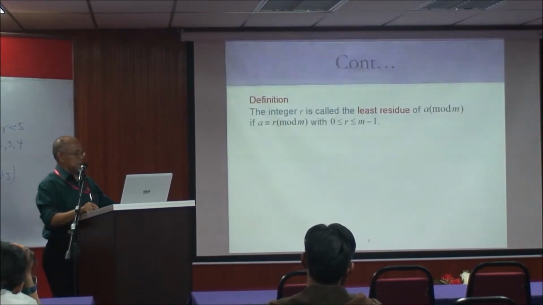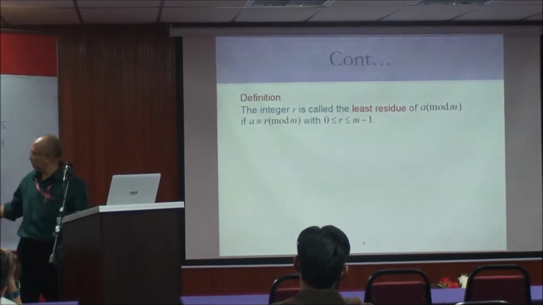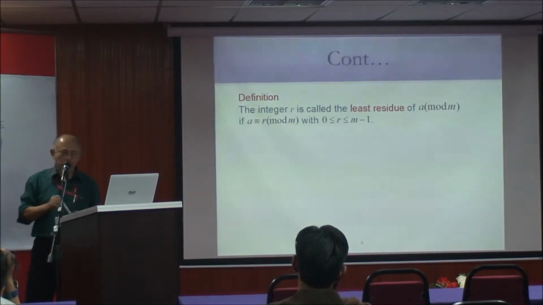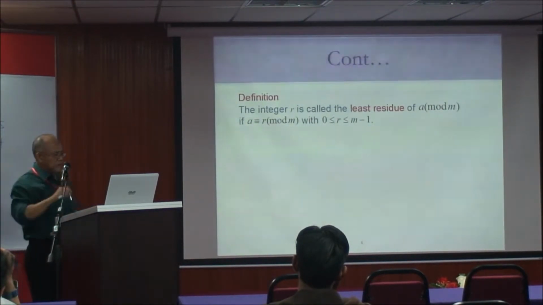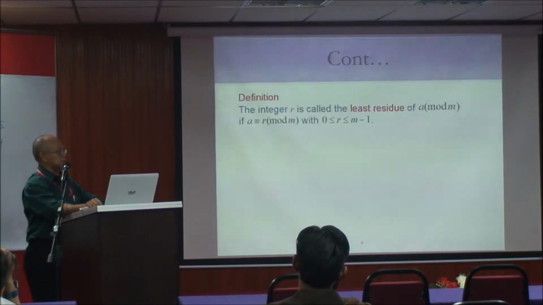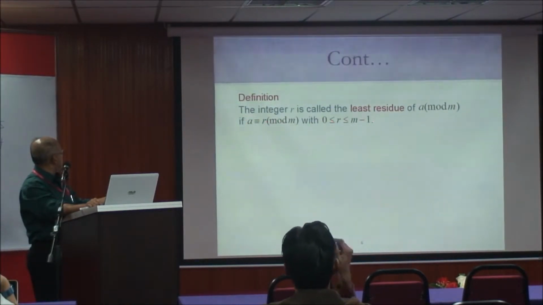Okay, so this list of integers, which is between 0 and 4 when M is equal to 5 in our example, we call the least residue of a modulo the integer M. So if you take any integer A, A must be congruent to this integer R, which is between 0 and M minus 1, and it is the least residue.